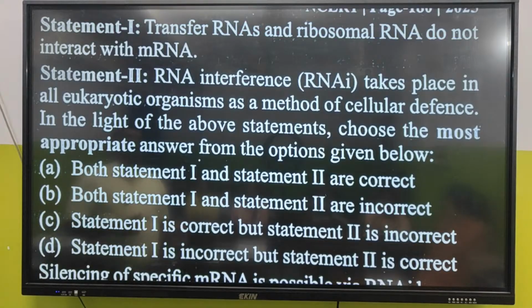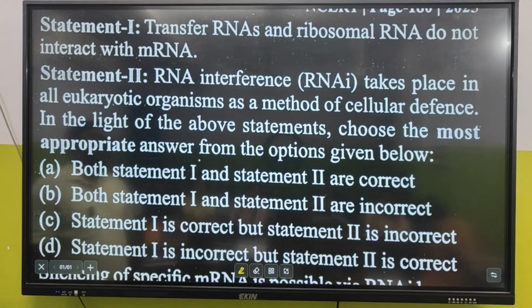What is the statement? Completely NCERT based question. Statement 1: Transfer RNAs and ribosomal RNAs do not interact with mRNA. Statement 2: RNA interference takes place in all eukaryotic organisms as a method of cellular defense. In the light of the above statements, choose the most appropriate answer from the options given below.